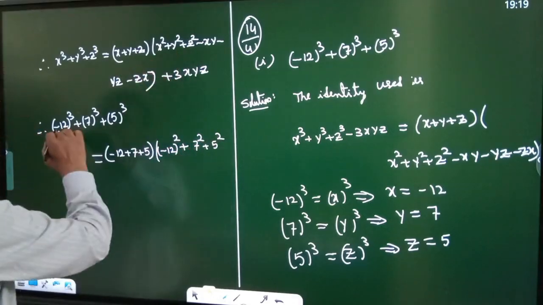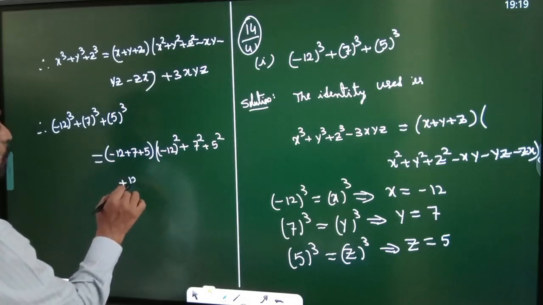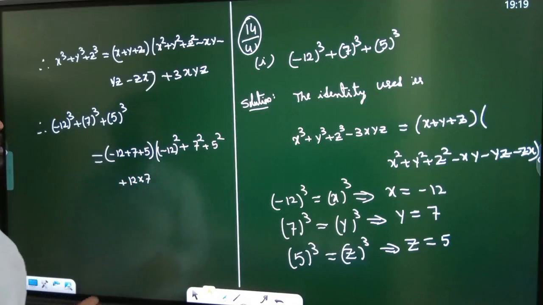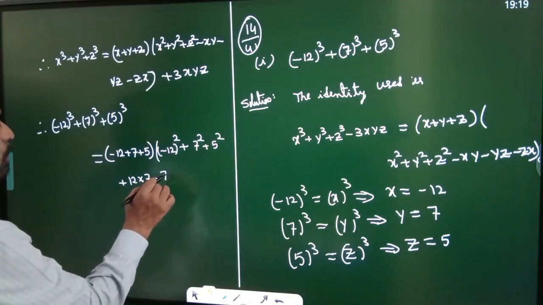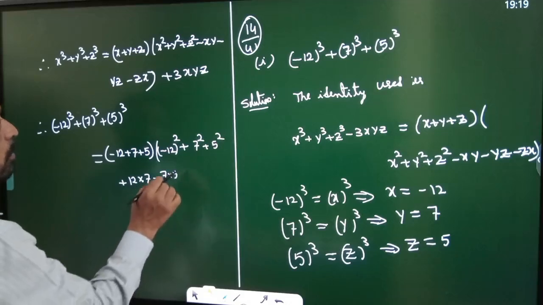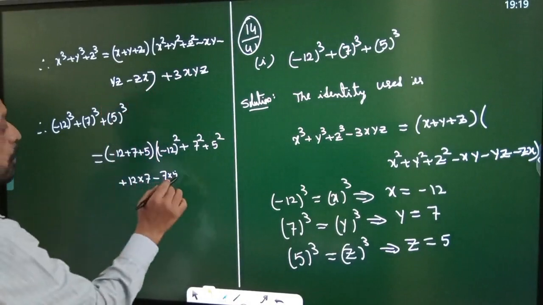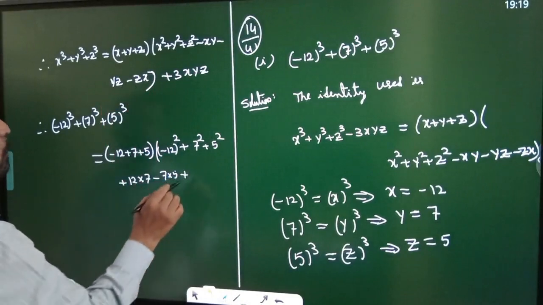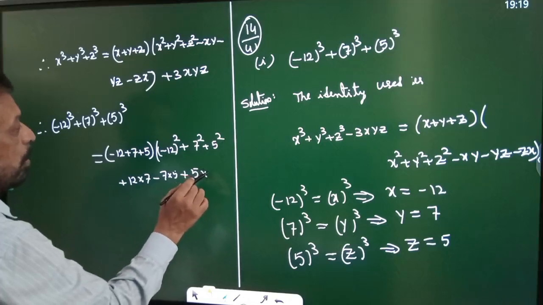So minus into minus is plus, so plus 12 into 7, minus 7 into 5, minus 5 into 12.